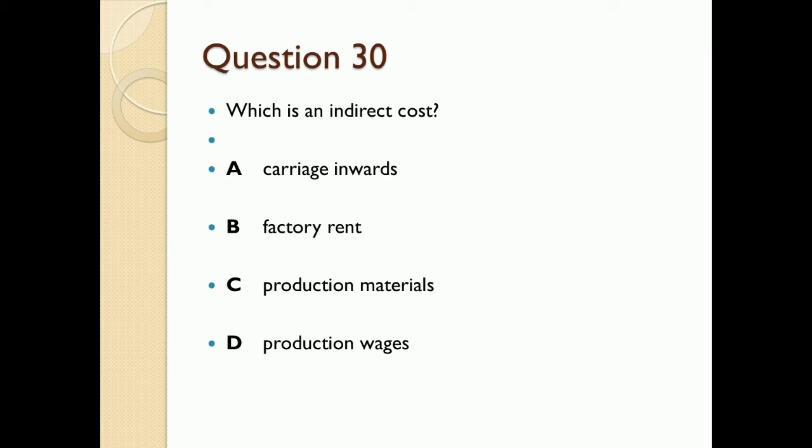Carriage inward is straightaway added into your prime cost, and prime cost is direct cost, and your production material is direct material, and it is also direct cost, and production wages is also your direct cost. It is known as factory cost or direct labor cost. So the last thing over here is option B, that is factory rent. Factory rent cannot be traced easily and economically in the product cost, that's why it is known as indirect cost. So here is your answer.